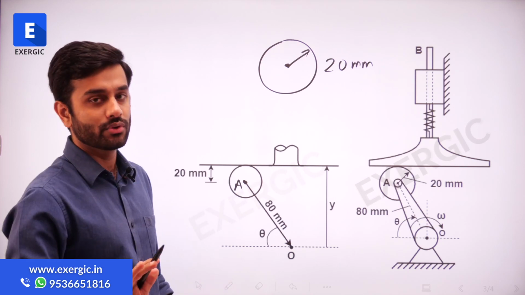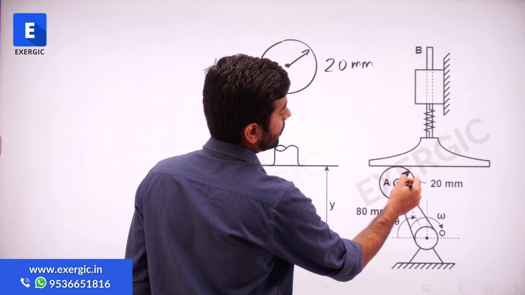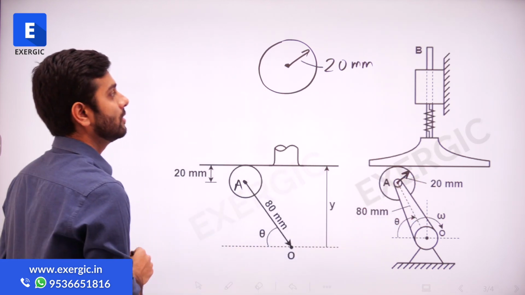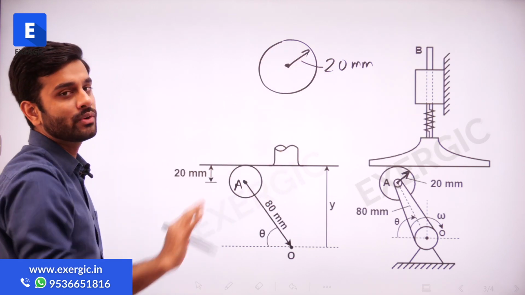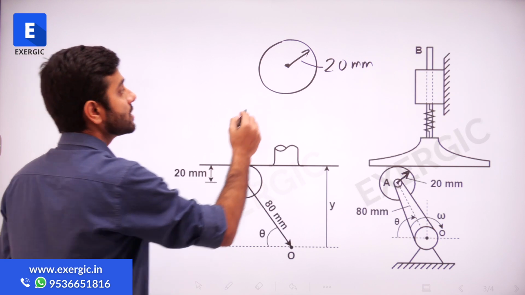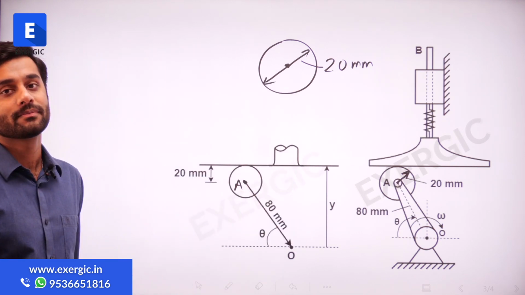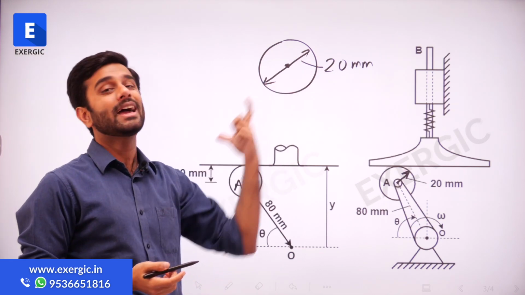There should be no confusion in that, because the diagram is very much clear that an arrow is shown equal to the length, and then one more line is shown which is referring to the length of this arrow as 20 mm, means radius is 20 mm. But in many situations this will be extended like this, right? Which means that this 20 mm is now representing the diameter.